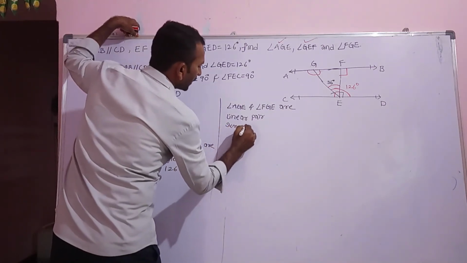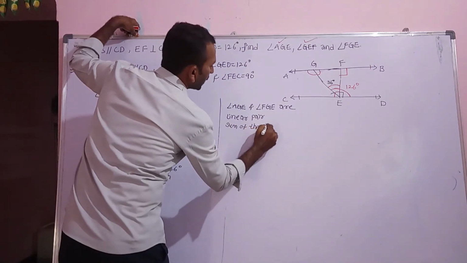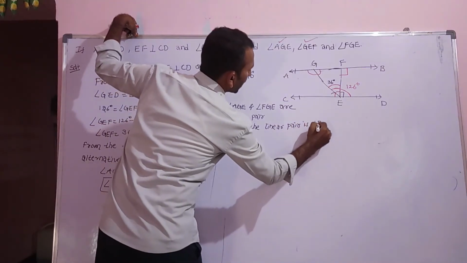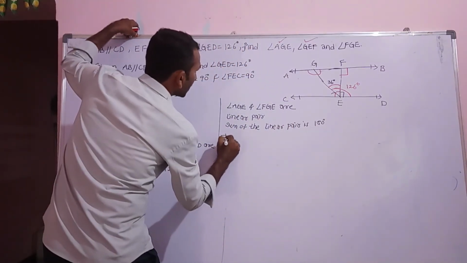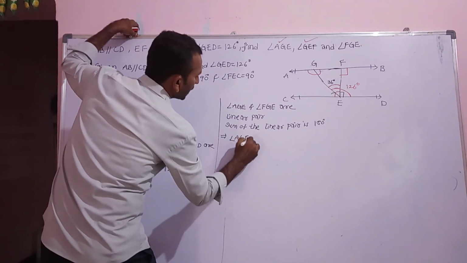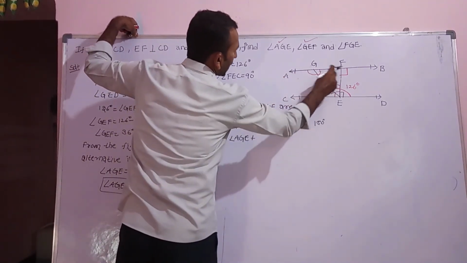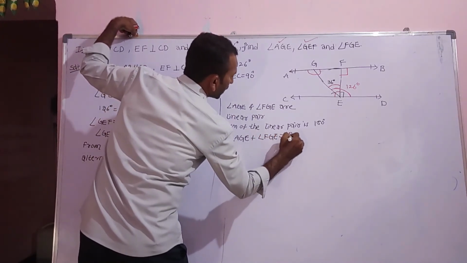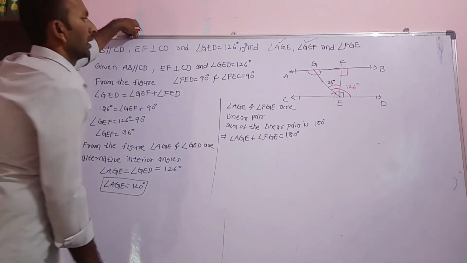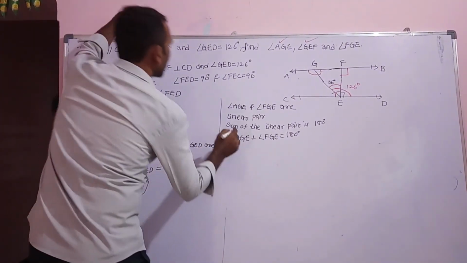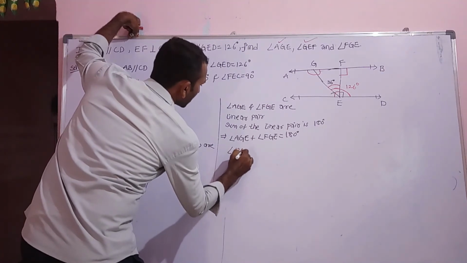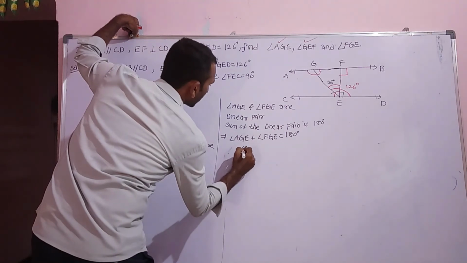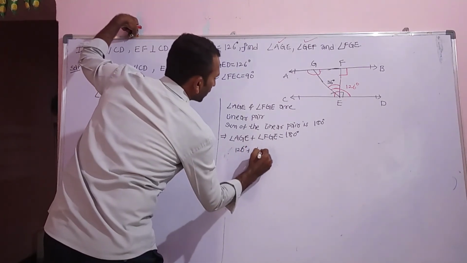So angle AGE plus angle FGE equals 180 degrees. Now we have the angle AGE value, 126 degrees, so 126 degrees plus angle FGE equals 180 degrees.